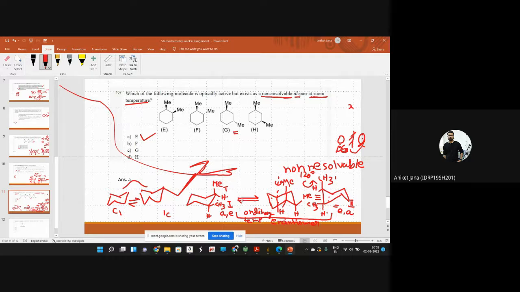But as flip-flop is involved here, we are getting structure 2 by rotating the flip-flopped structure of structure 1. Okay, sir, I got it. Okay.